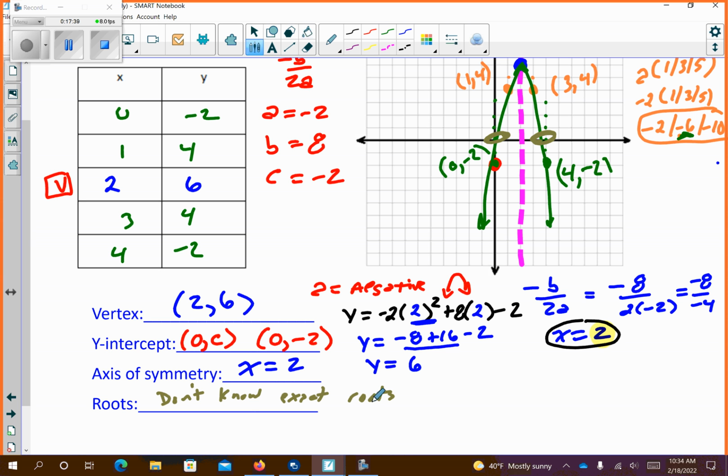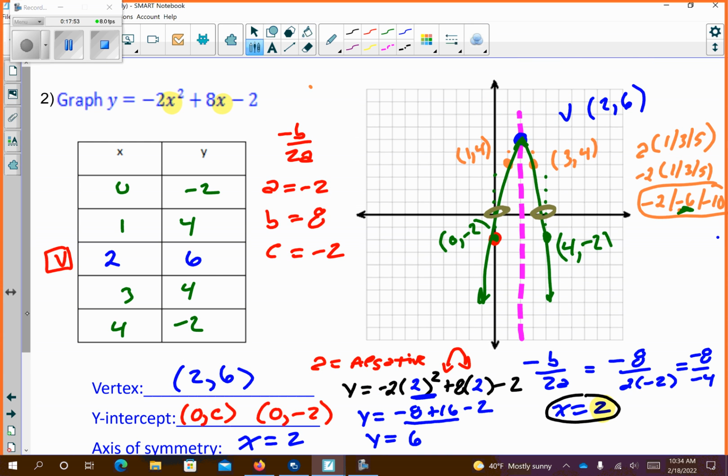Okay? Now, sometimes when we pattern graph, if we do it big enough, it will wind up crossing the x-axis at an exact point. Right now, those roots up there, if I had factored negative 2x squared plus 8x minus 2, it probably would not have factored. This would have been one we would have listed as prime.